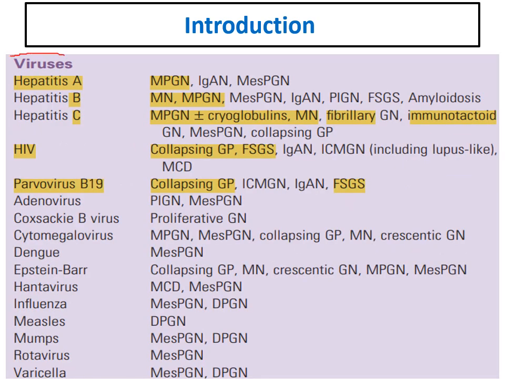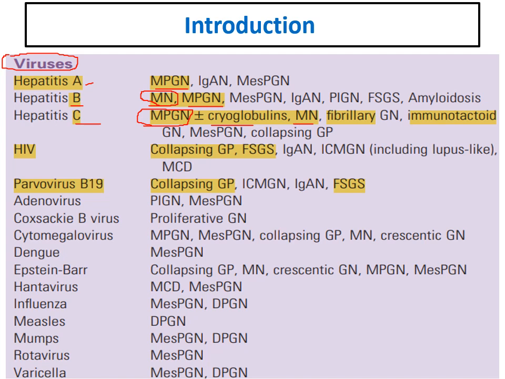Also, glomerulonephritis can occur following viral infections, and this slide is very important, especially for the exams. Hepatitis A usually causes membranoproliferative glomerulonephritis. Hepatitis B commonly causes membranous nephropathy or membranous glomerulonephritis, followed by membranoproliferative, while hepatitis C most commonly causes membranoproliferative with or without cryoglobulins, followed by membranous glomerulonephritis.